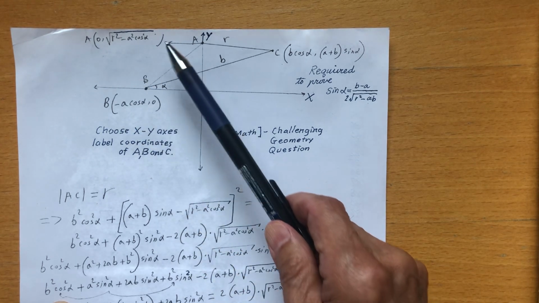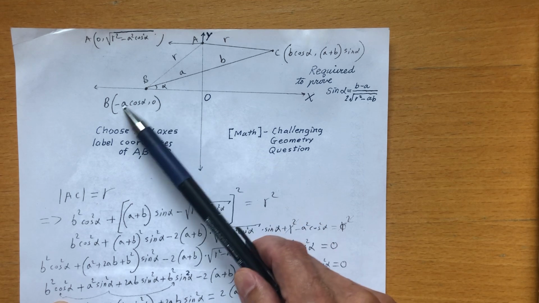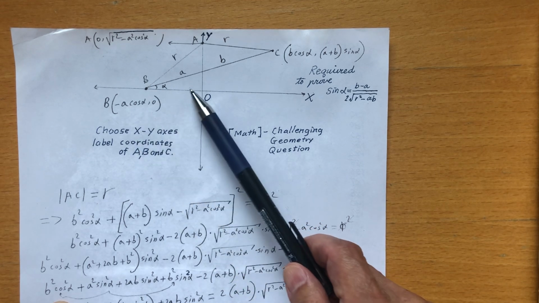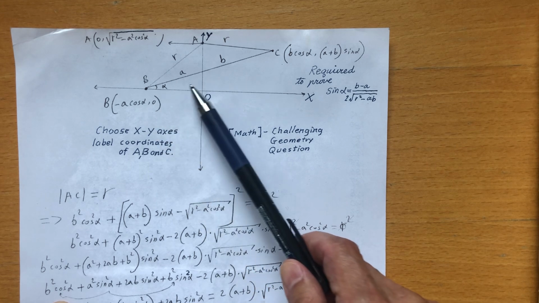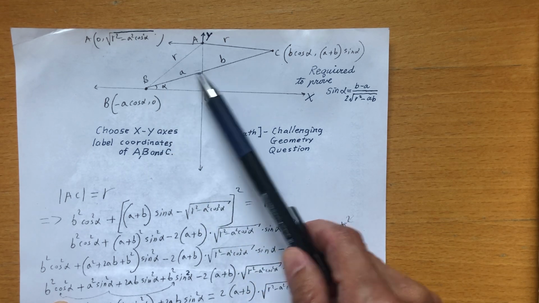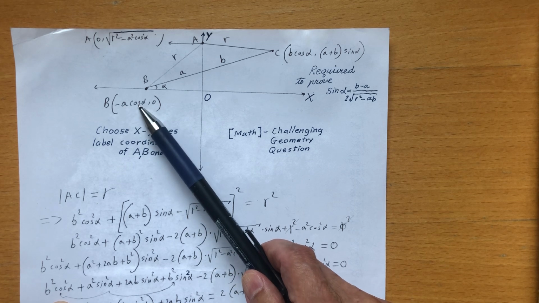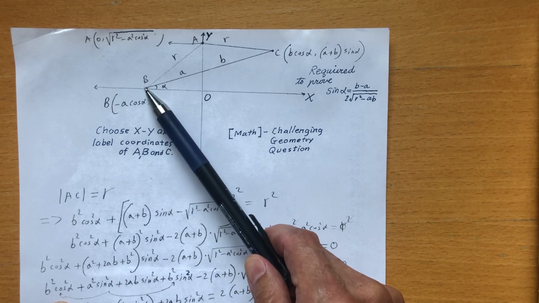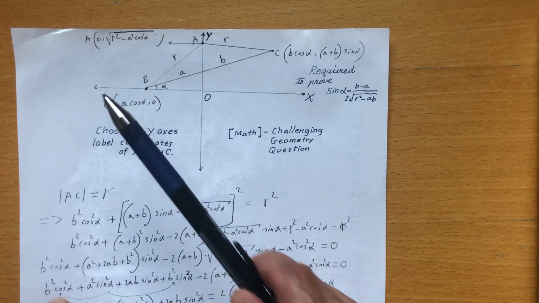This is point A. Point B, the y coordinate is 0. The x coordinate is A cosine alpha. So you have A cosine alpha and 0. But the x coordinate is negative, so it's negative, all right.